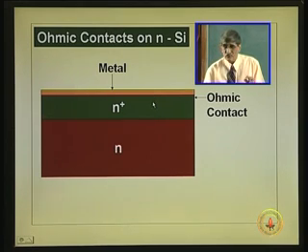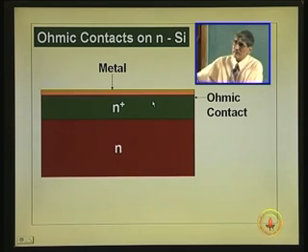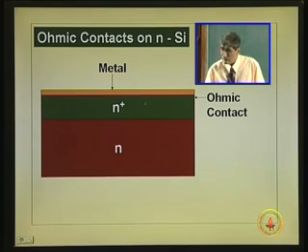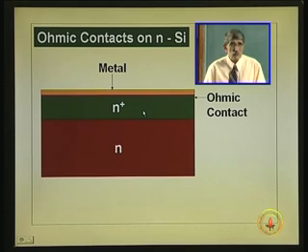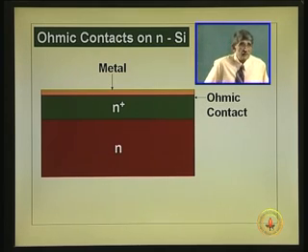So, you have an ohmic contact to the n plus region and a smooth transition to the n layer. So, whenever you want to make an ohmic contact, what you do is take the n type substrate, put an n plus layer by some means, implantation or diffusion, and realize a metal semiconductor contact on top of the n plus. So, that is the key to making ohmic contacts to n type substrates.